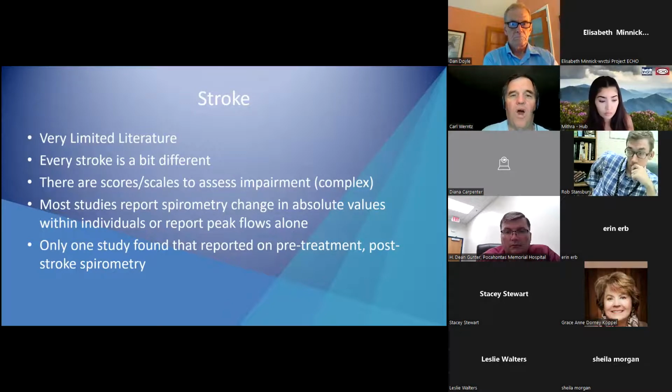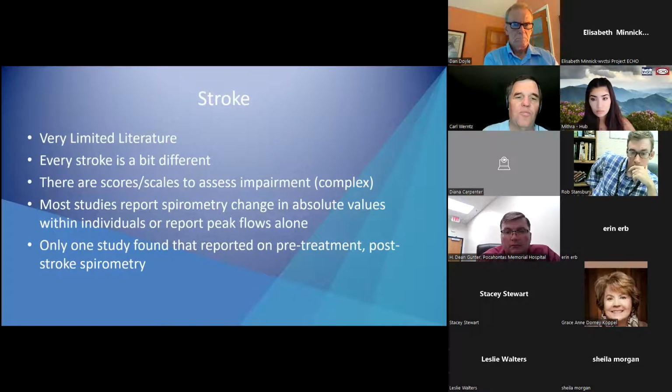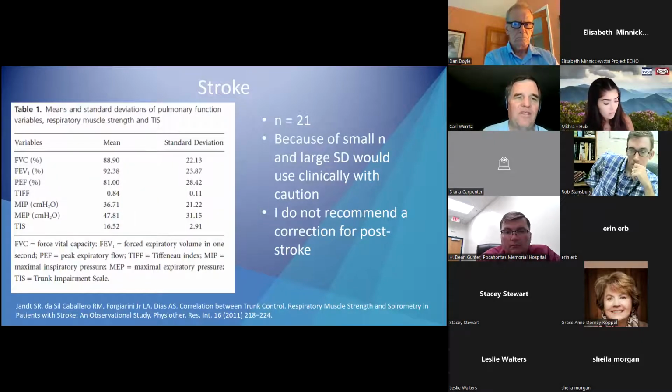I did find one study that did pre-treatment and post-stroke spirometry that actually compared people to normal. They found the FVC and FEV1 were kind of low normal, but with huge standard deviations, and the number was only 21.